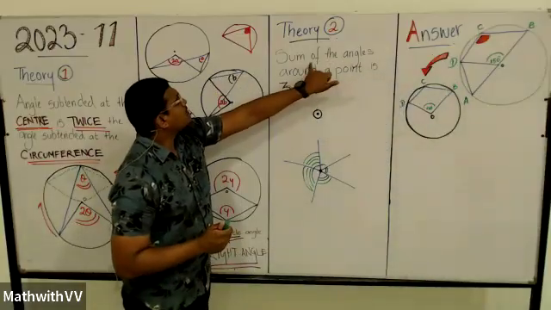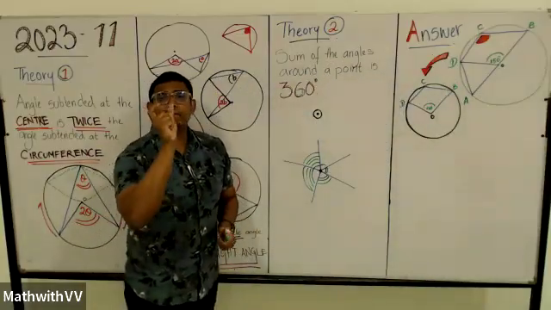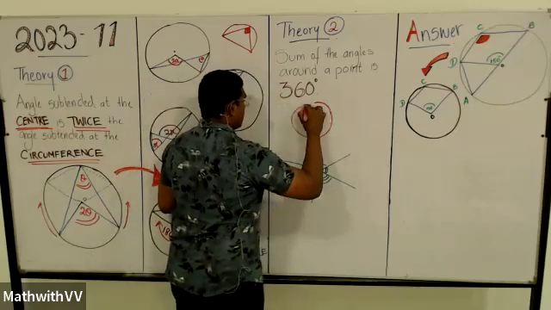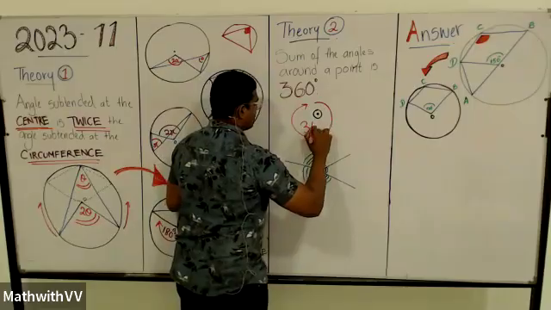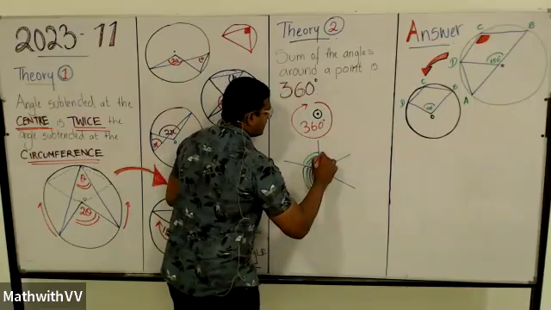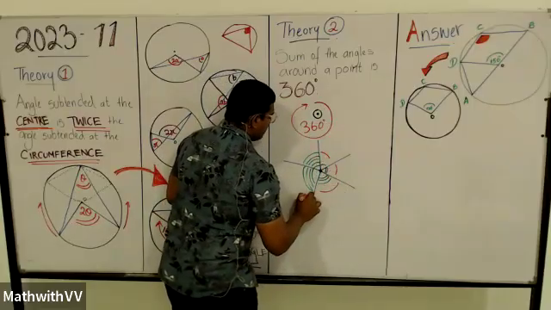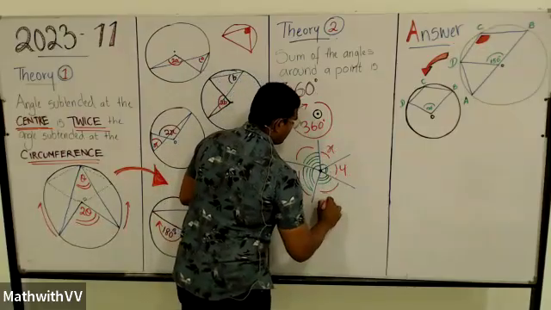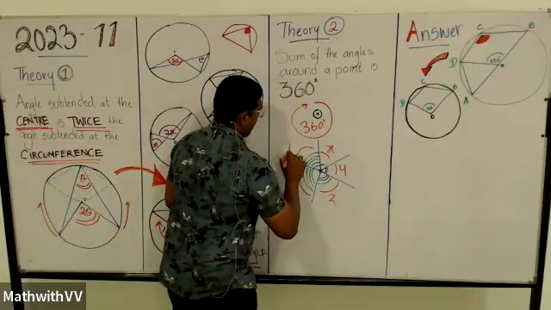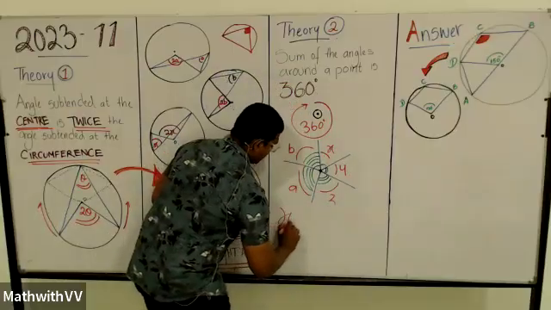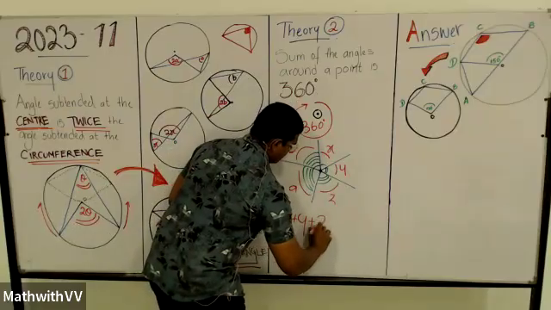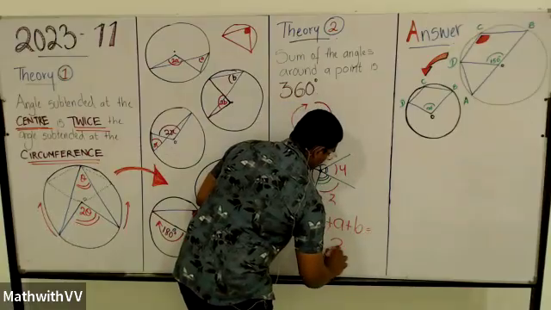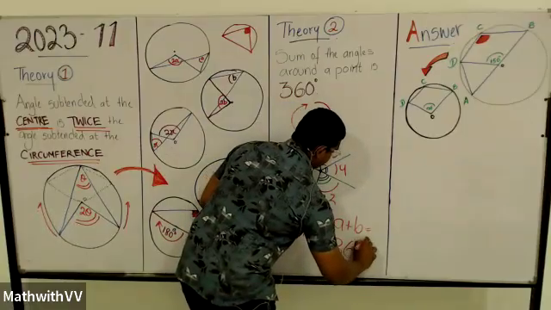Theory number two. The sum of the angles around a point is 360. When we have a point, the total angle around it is 360, no matter how many pieces it is divided into. This can be X, Y, Z, A, and B. X plus Y plus Z plus A plus B is how much? 360 degrees.